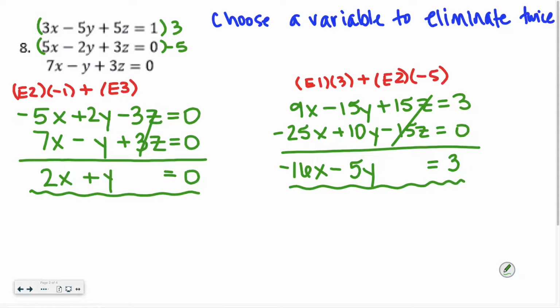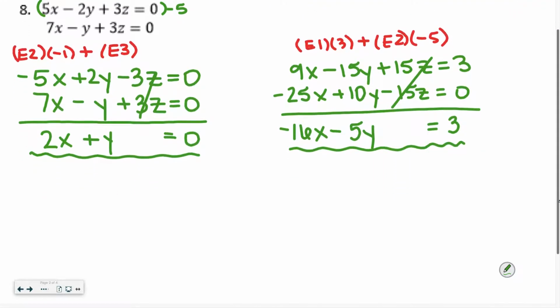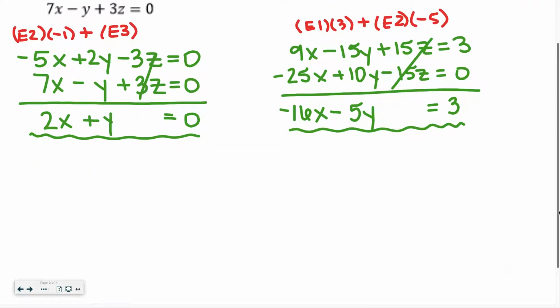We wanted to do elimination twice on the same variable so that now we have two equations and two unknowns. Okay? So now I have two equations with x and y. I think this is set up really nice for elimination, don't you?